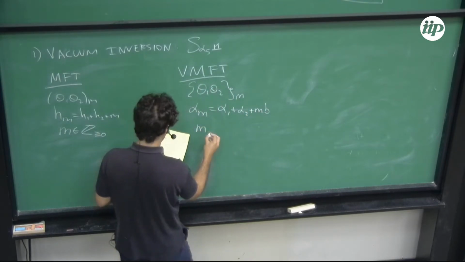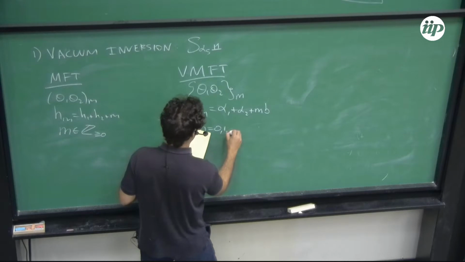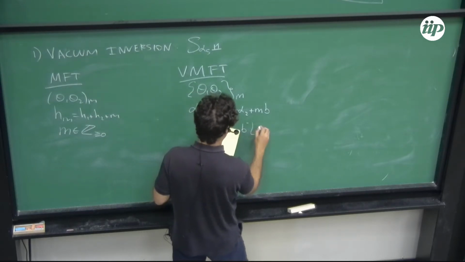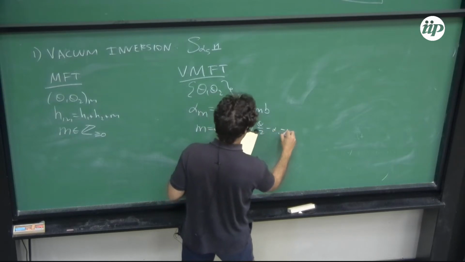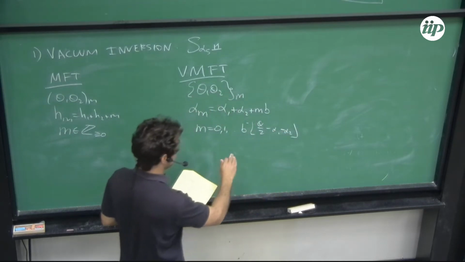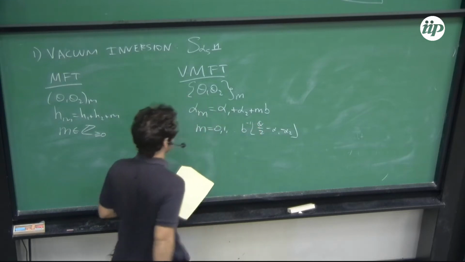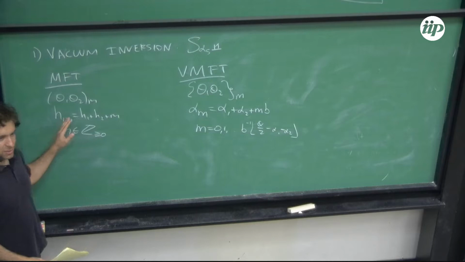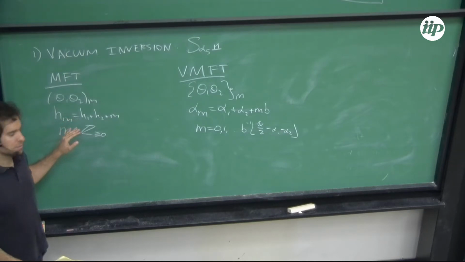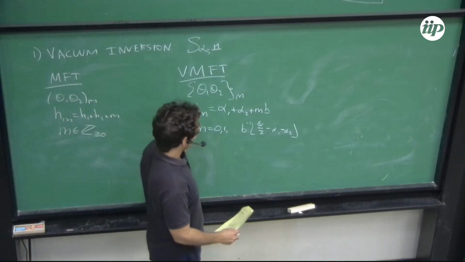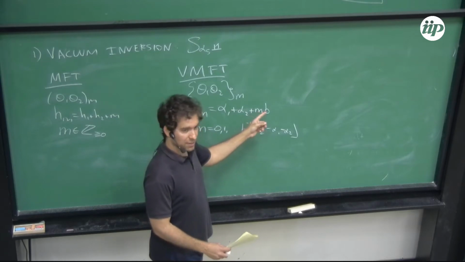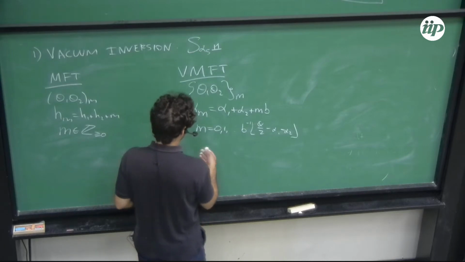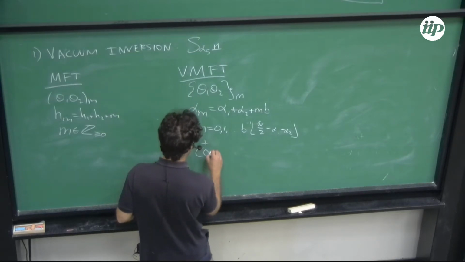And m is bounded above by this value such that the poles no longer cross the contour. Okay. So in mean field theory, the dimensions add, and there's an infinite tower of operators. In Virasoro mean field theory, the momenta add with this funny b factor, and there's only a finite number of these guys. And there's a discrete continuous piece.